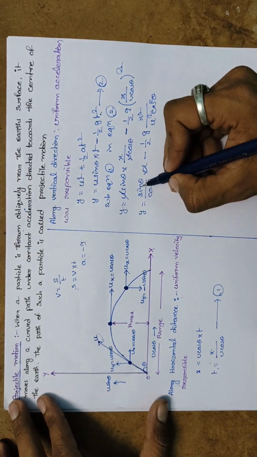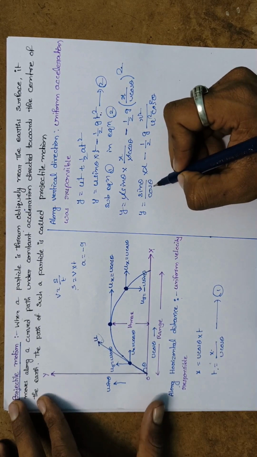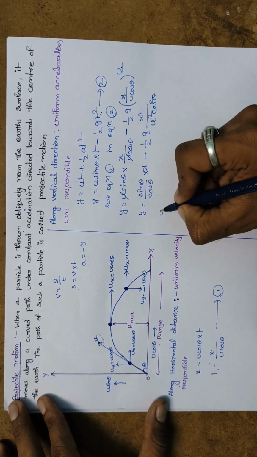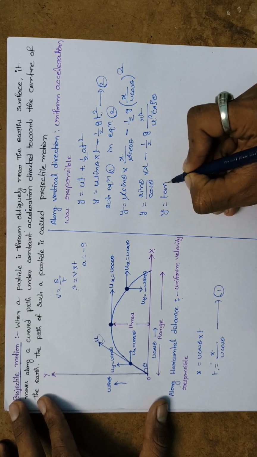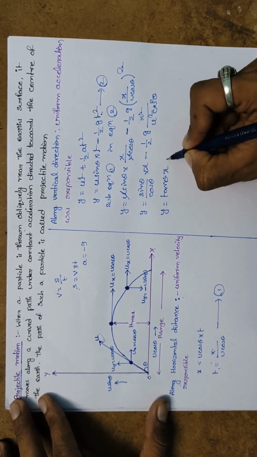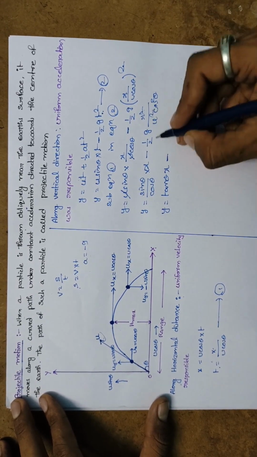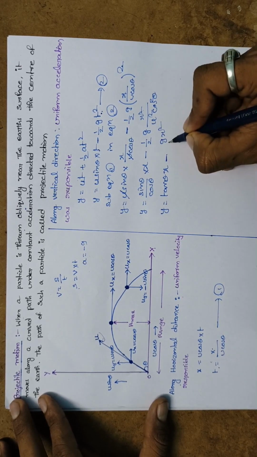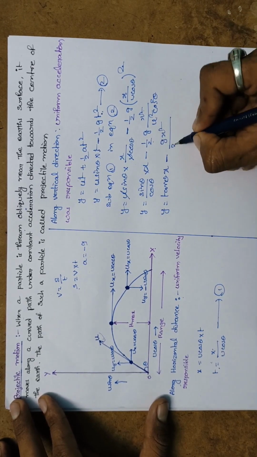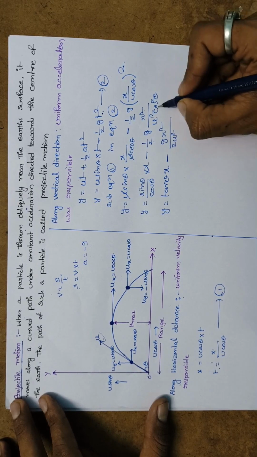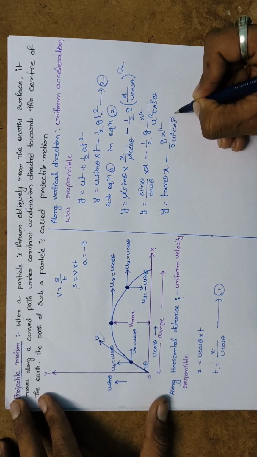Okay, so we know that in trigonometry sin theta by cos theta means tan theta. So y is equal to tan theta into x minus g x square by 2u square cos square theta.